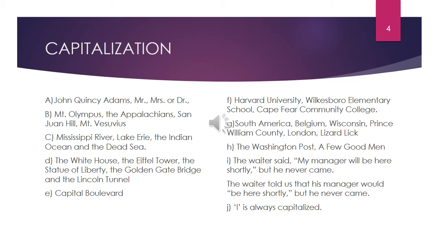Here you can see a continent like South America, many continents are there. A country's name like Belgium. An example of a state is Wisconsin. Then counties like Prince William County. Then cities like London. Towns like Lizard Lick.